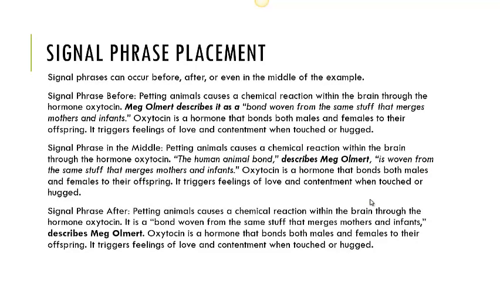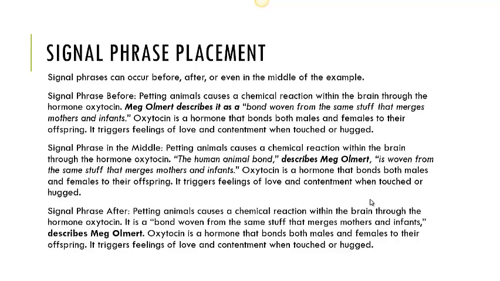Now, the one thing about a formula like this is you want to make it sound natural, and one way you can make things sound natural is by switching up placement, and this really comes with signal phrases especially. One signal phrase you may be familiar with is according to this person, or according to that person.